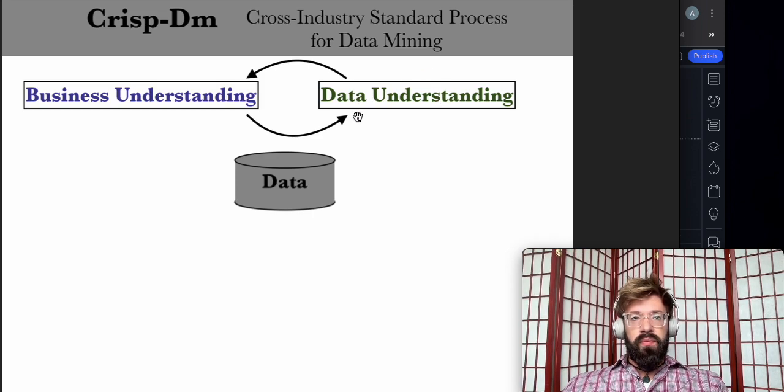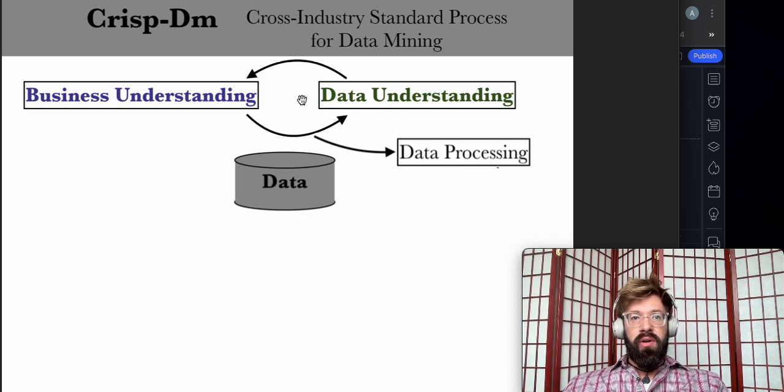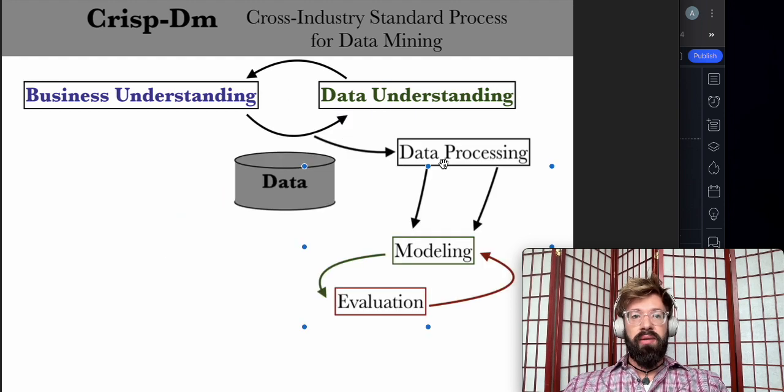Once you get through that, and you're on the same page, you can begin data processing. This is where data is cleaned, checked for measurement bias, checked for consistency, negative values, or null values, and generally getting ready for modeling and evaluation, which are two steps.